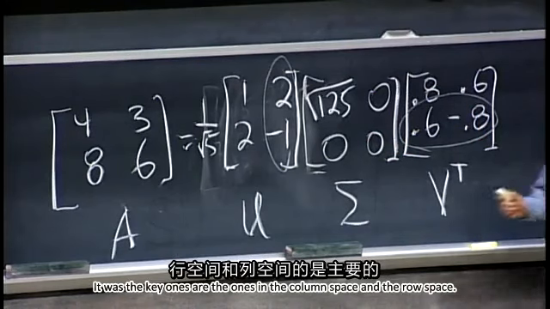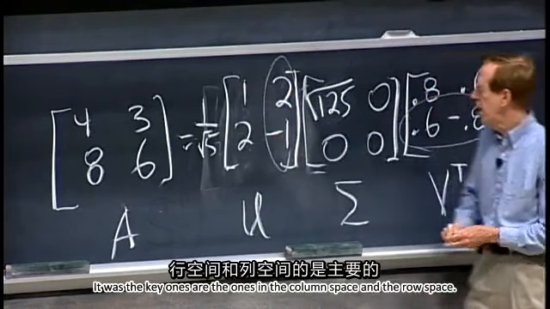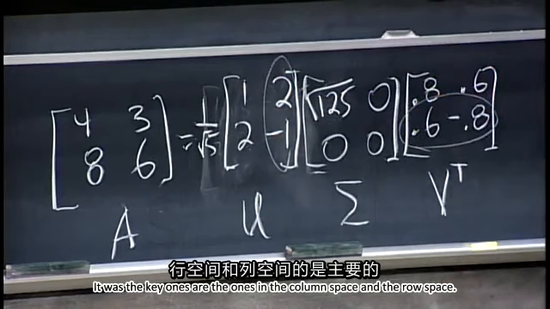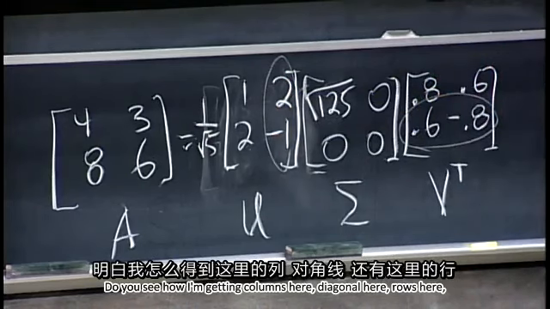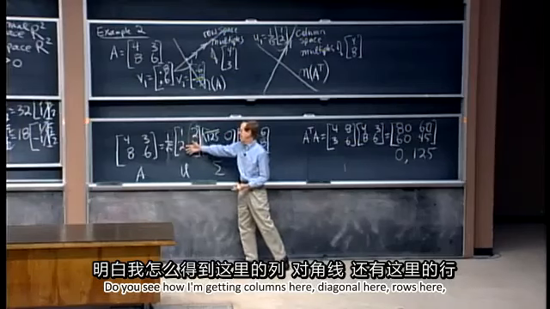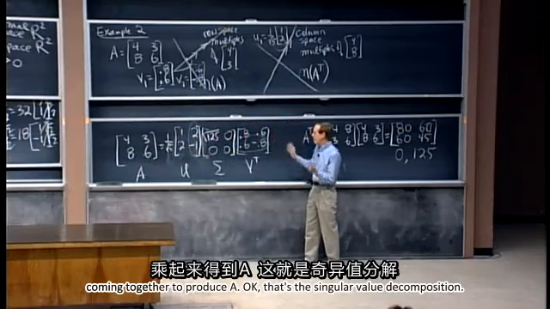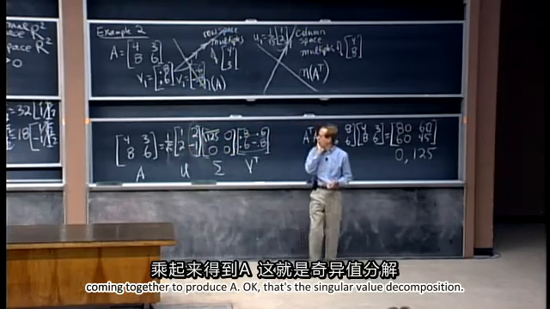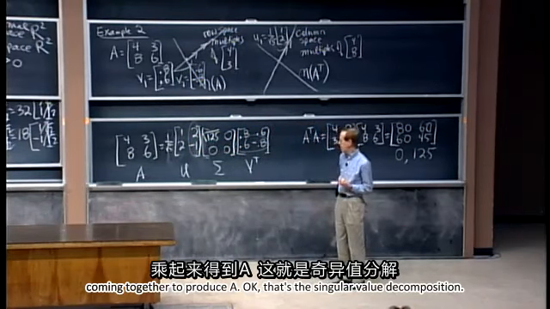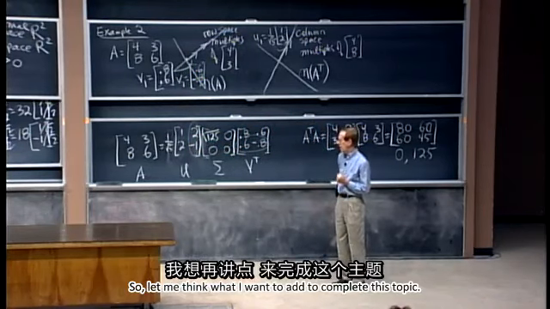The key ones are the ones in the column space and the row space. Do you see how I'm getting columns here, diagonal here, rows here, coming together to produce A? That's the singular value decomposition.